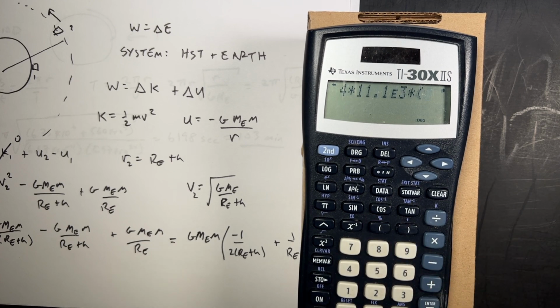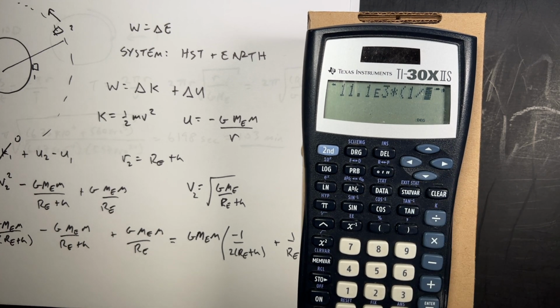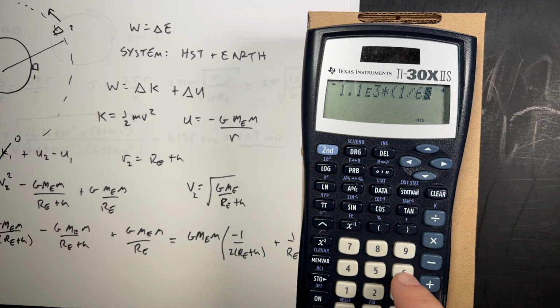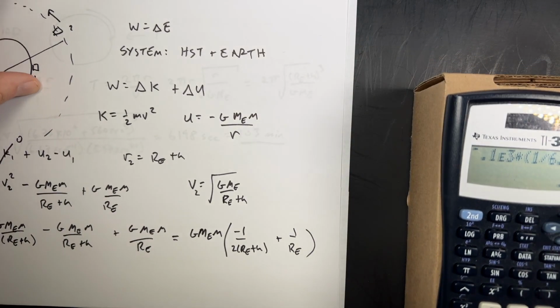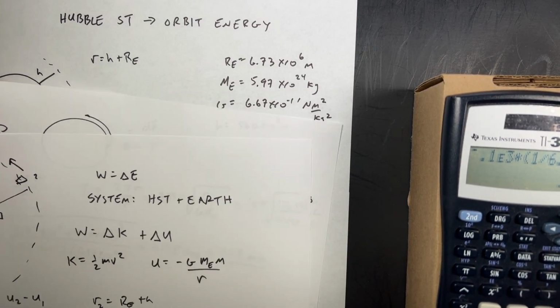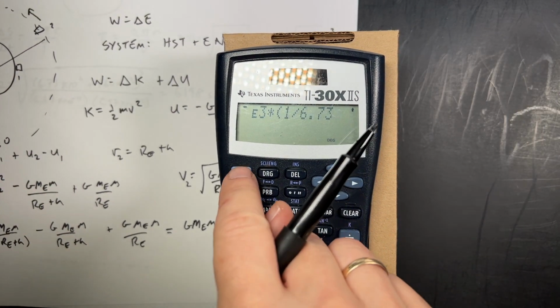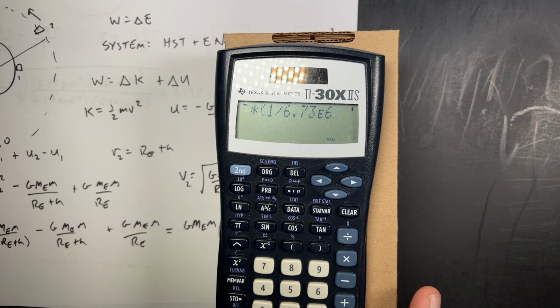Let's do the other way around. So 1 divided by the radius of the Earth, 6.37. 6.73. What is it? I may have used the wrong number. I've said 7.3. 7.3 times 10 to the 6th.